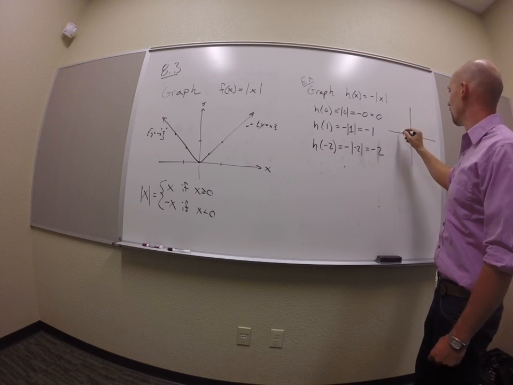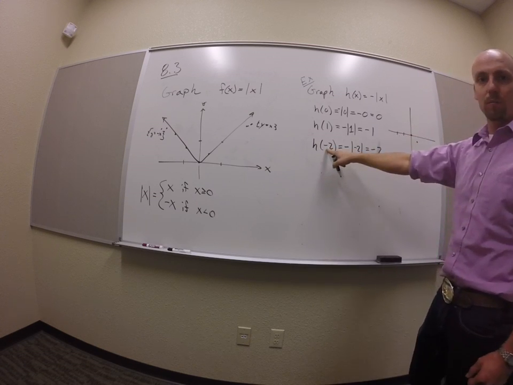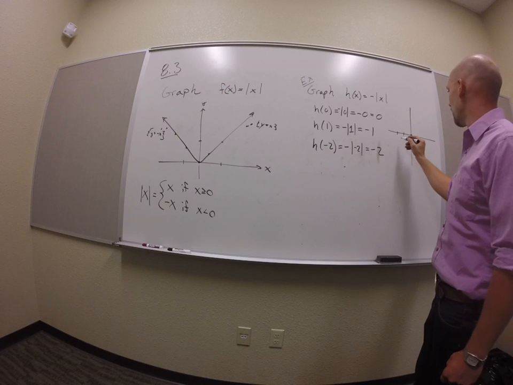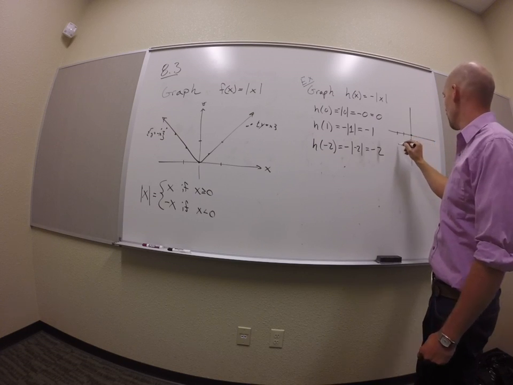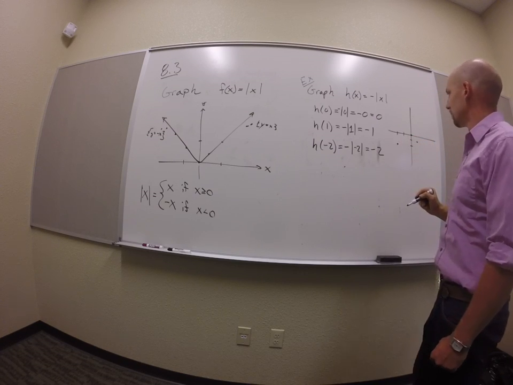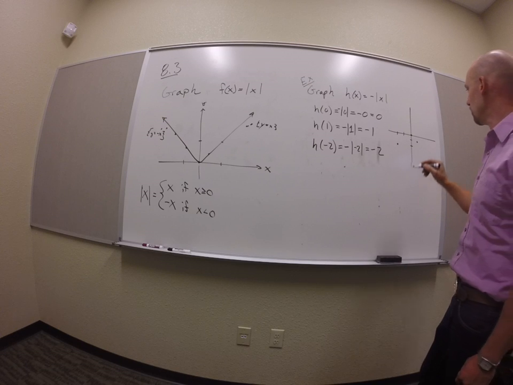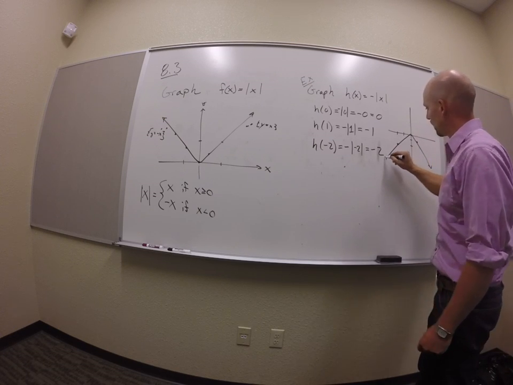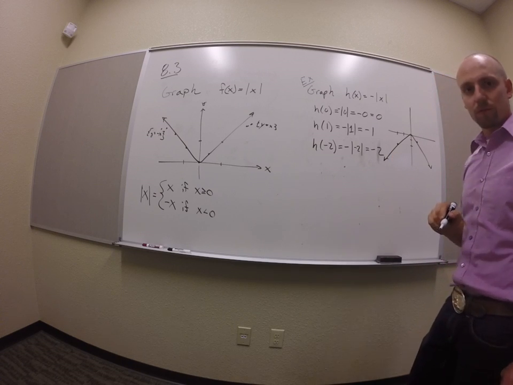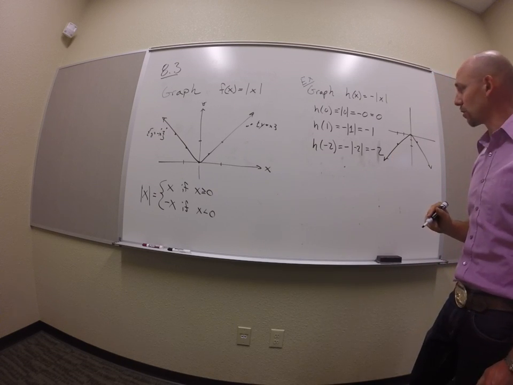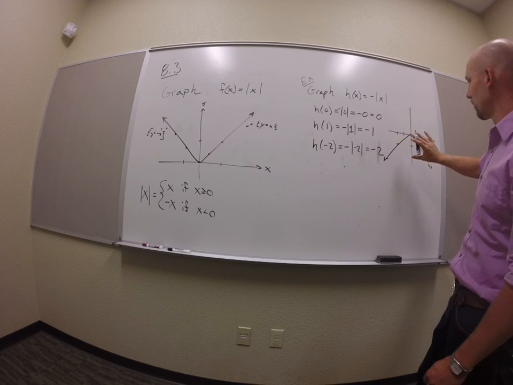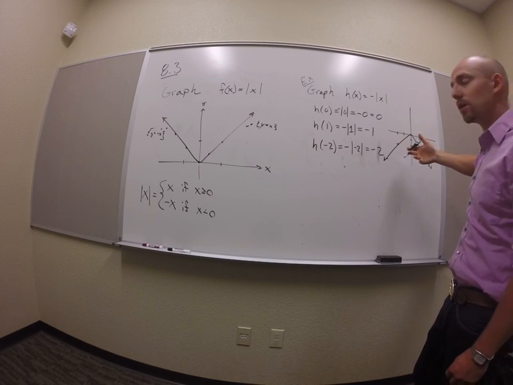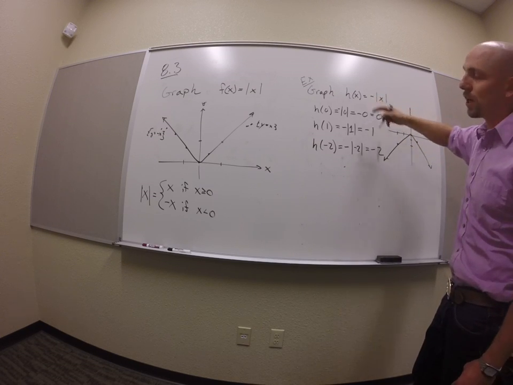So I go over 2 to my minus 2, and then I go down 2 to the output negative 2. So if I keep doing this, I'll find a V shape. And that V shape is flipped over from the other one. So when we multiply by a negative 1, it flips over this way. And that's what happens when we multiply on the outside.